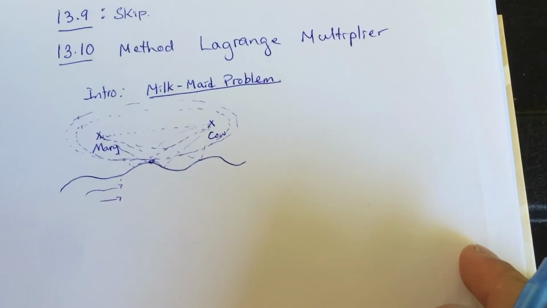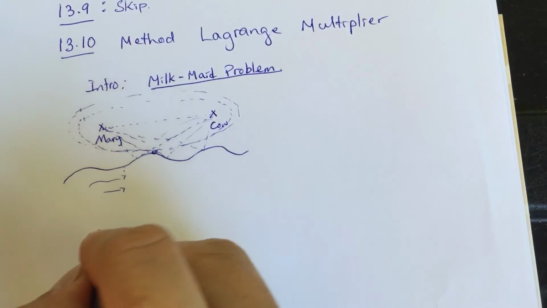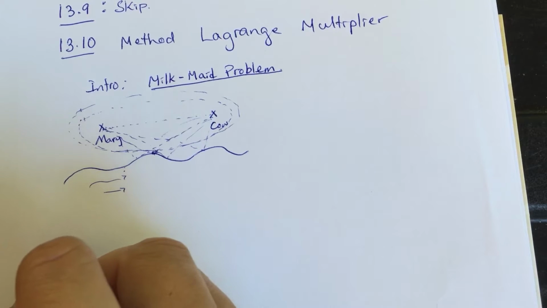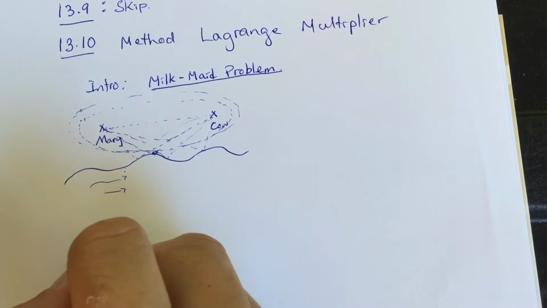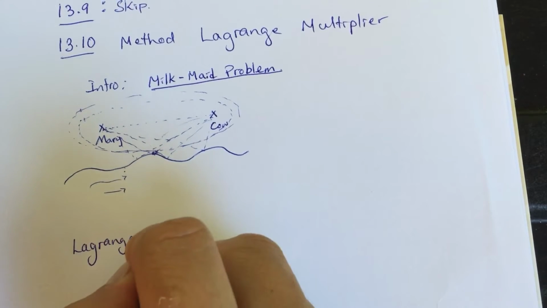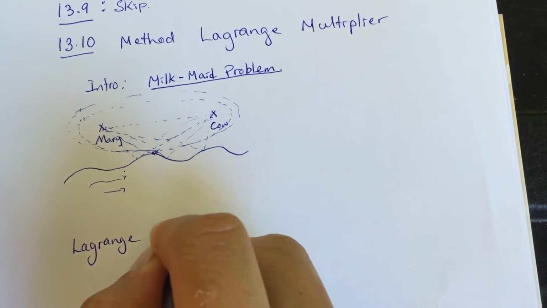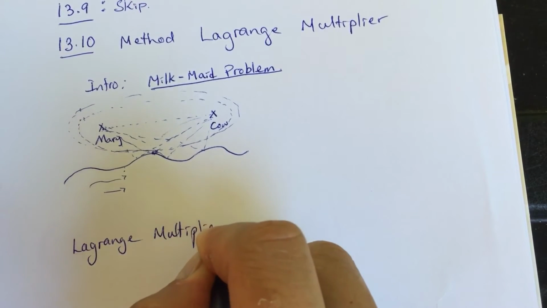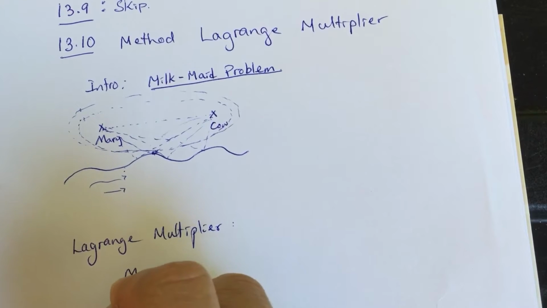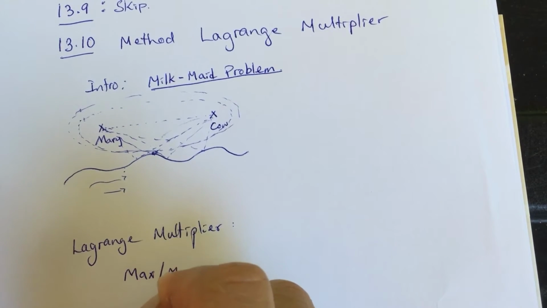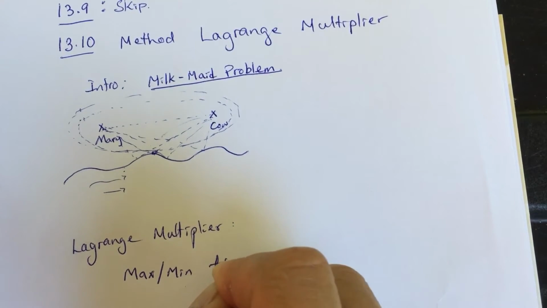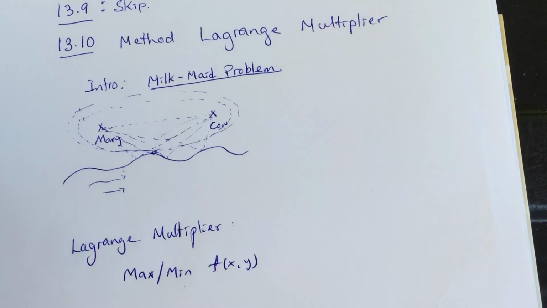But where does it come from? What does this mean? Now, the concept of the Lagrange multiplier is this. We like to maximize or minimize this function here. What if you have a function that you have to maximize or minimize?